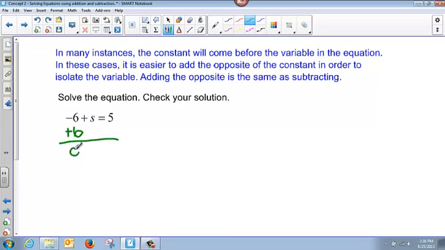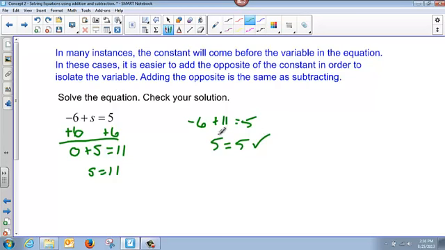And I want to have 0 plus s, and I have to do this over here, and I'm going to get 11. So this is an s, not a 5. I know it looks like a 5. So I get s equals 11 here. Now let's check our answer. Negative 6 plus 11 equals 5, which means 5 equals 5, and we are correct.